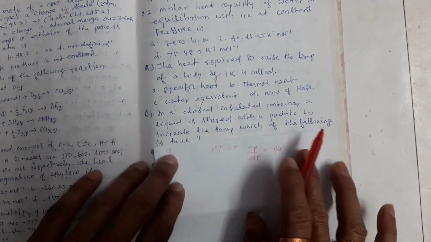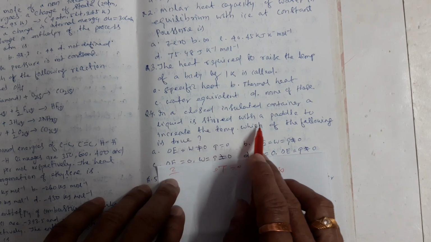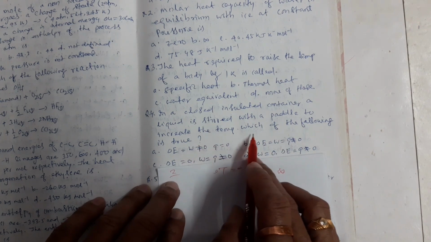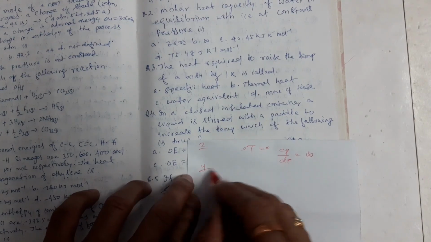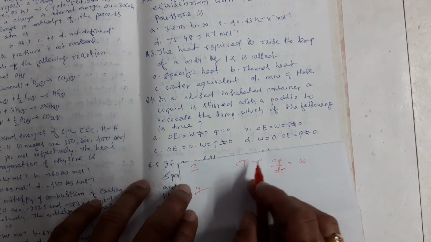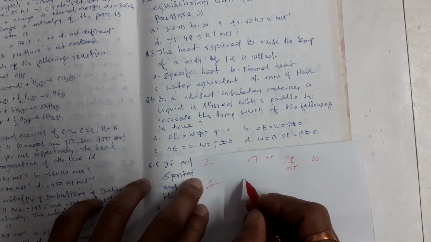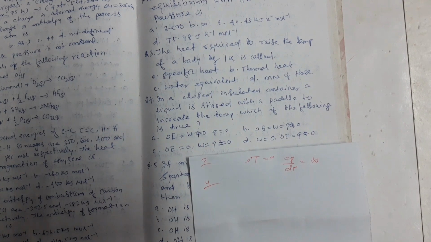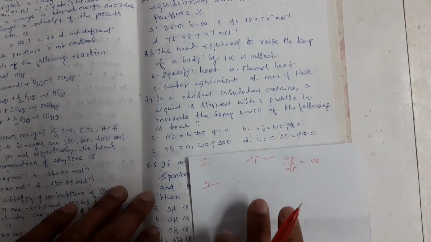Question number 4: in a closed insulated container, a liquid is stirred with a paddle to increase the temperature. Which of the following is true? See what is happening here.